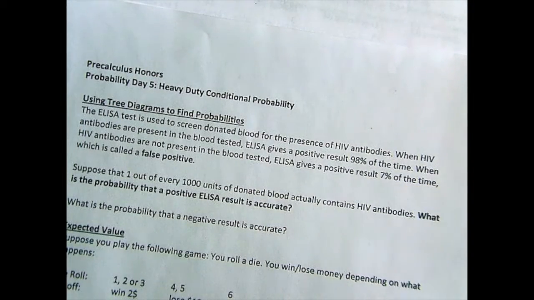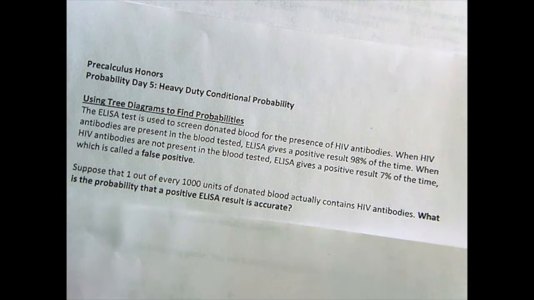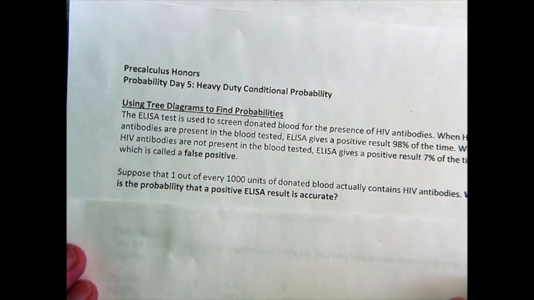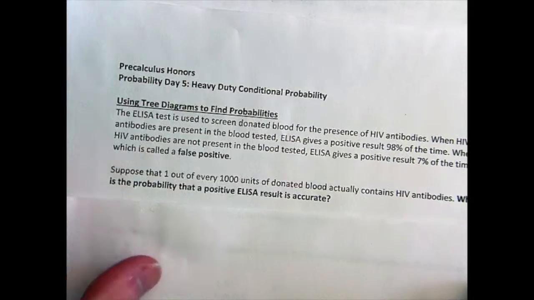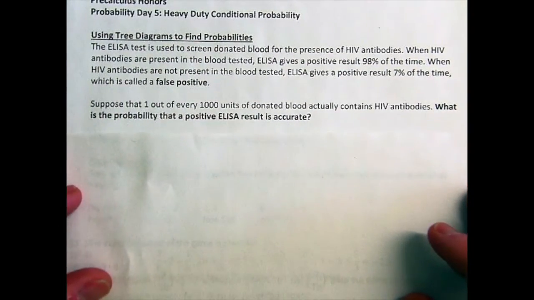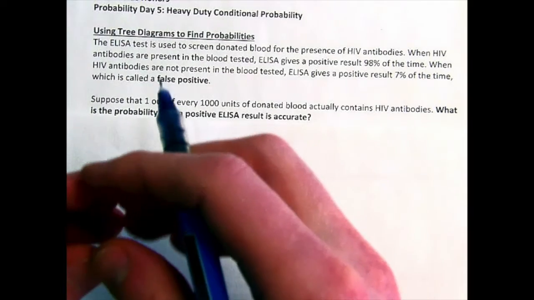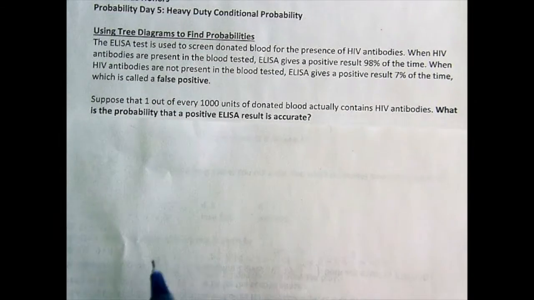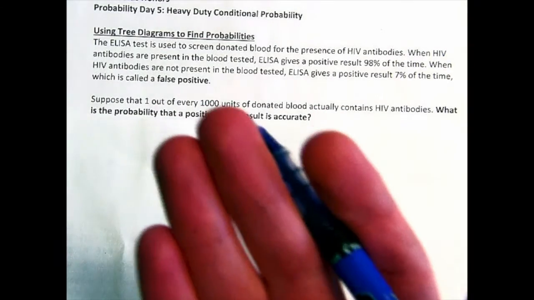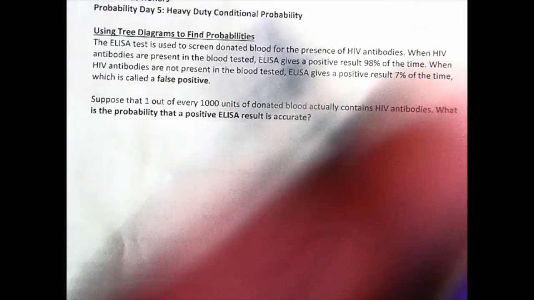What I'm going to do to answer this question is draw a tree diagram. The first thing we need to recognize is that there are multiple decisions that have to be made, or splits in the diagram. One thing that can happen is the person can have the disease or not, the HIV infection or not.